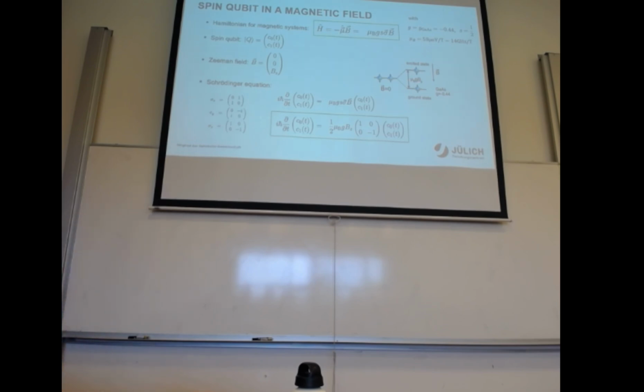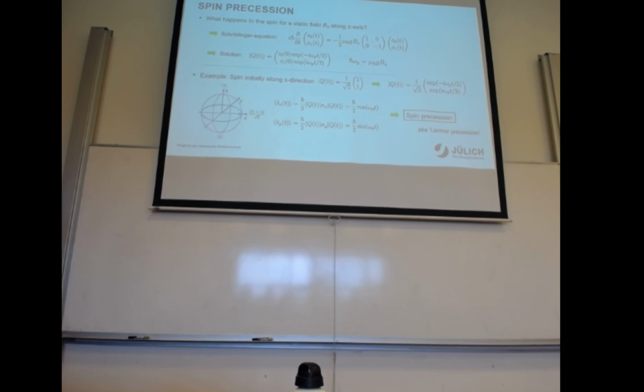So we can look at the Schrödinger equation now, what it becomes in this formalism. This is our spin state, and this is now our Zeeman Hamiltonian. Okay? And this we can just solve. It is not very difficult.